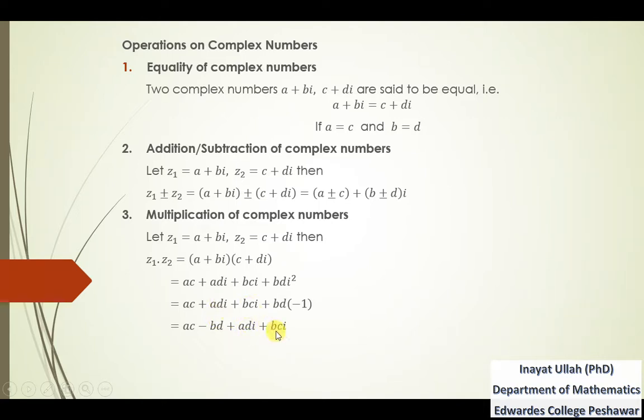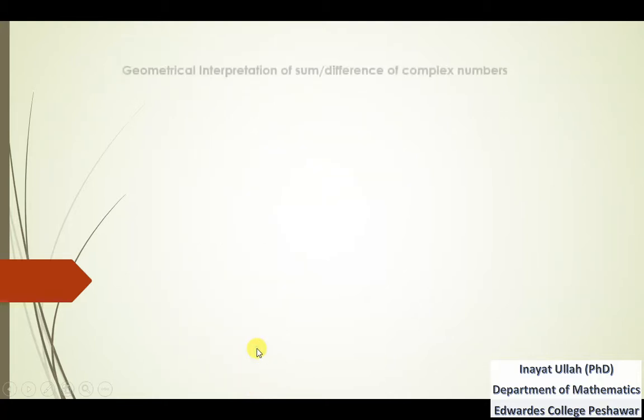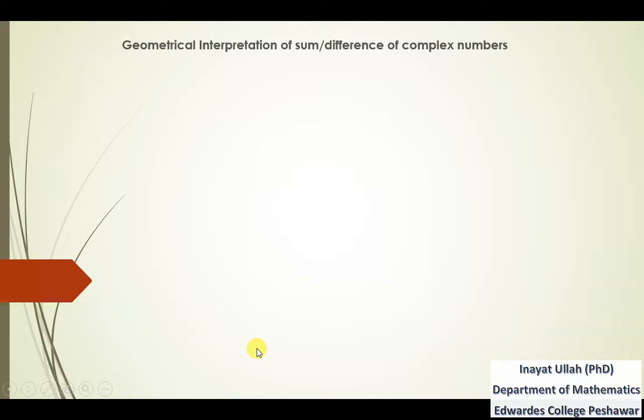This is again the imaginary part. Taking iota common in these two, we get ac minus bd plus iota times the rest. So that is the multiplication of two complex numbers. A simple multiplication. What is the geometrical interpretation of the sum and difference of complex numbers?